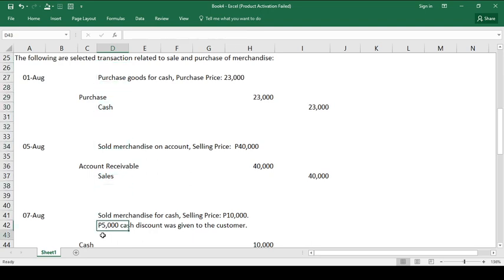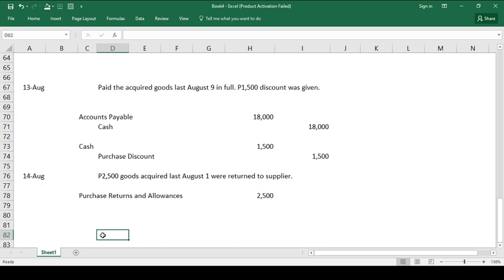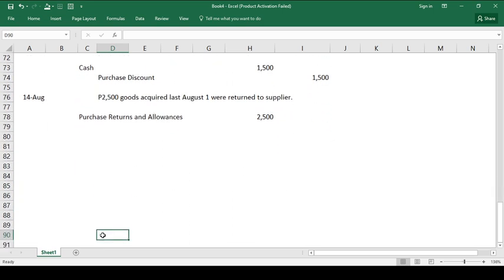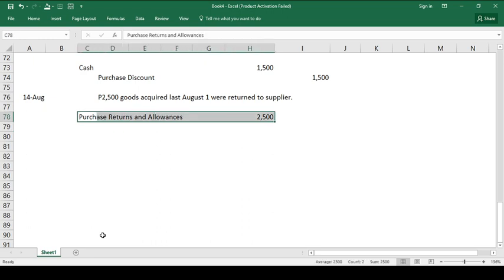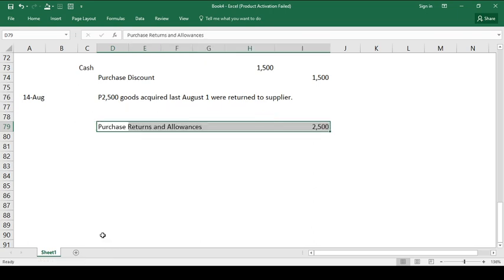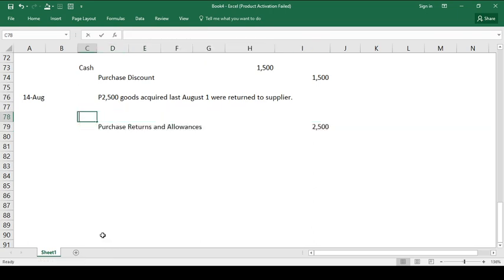So nung ibinalik natin yung may defects, obviously ni-refund sa atin yung cash na ibinayad natin. I-credit po natin to. And then, dahil ibinalik sa'yo yung cash, you debit cash for 2,500. So, that would be your entry for purchases returned to the supplier.